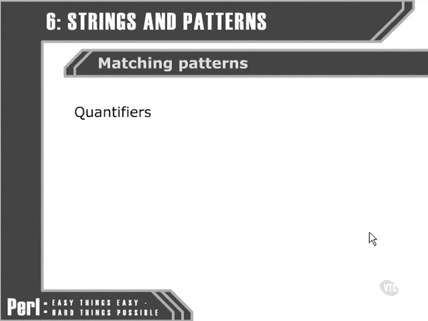By using quantifiers, we're able to make the number of characters, whichever characters we specify or whichever character sets, vary again according to the parameters that we set. Let's take a look at an example.